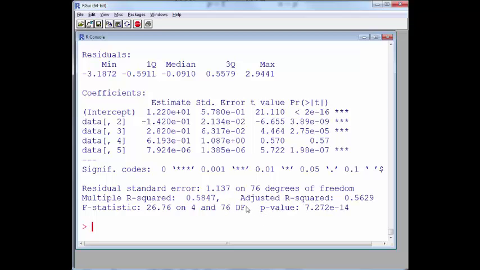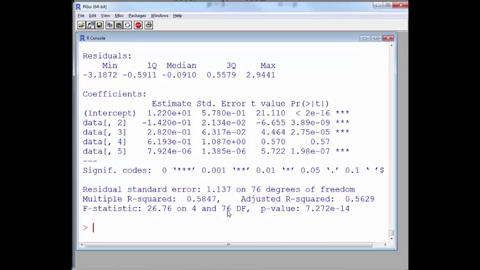You have 4 numerator degrees of freedom because you have 1, 2, 3, 4 of those betas, I think that's right, and 76 for your error sum of squares degrees of freedom.